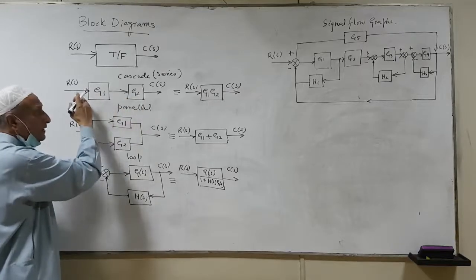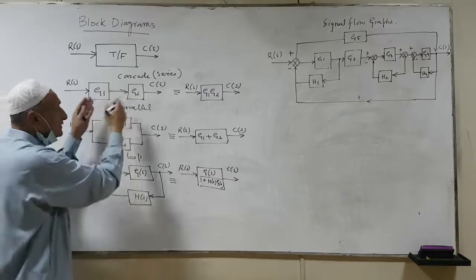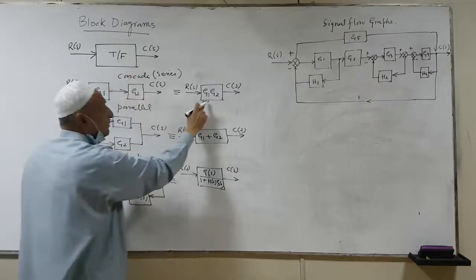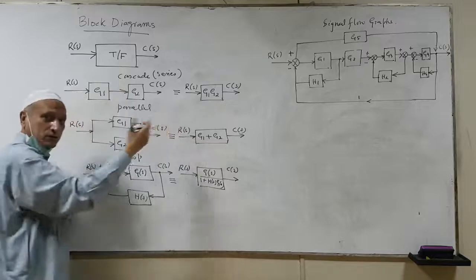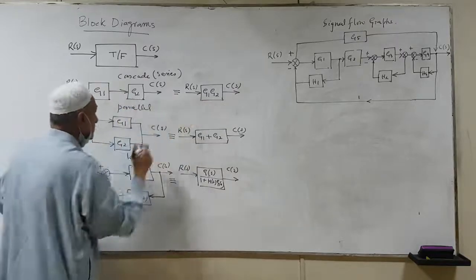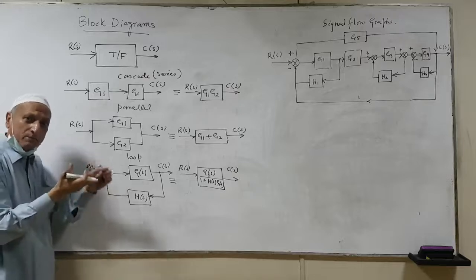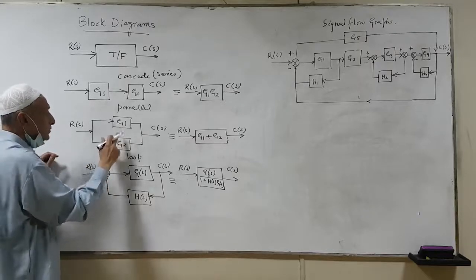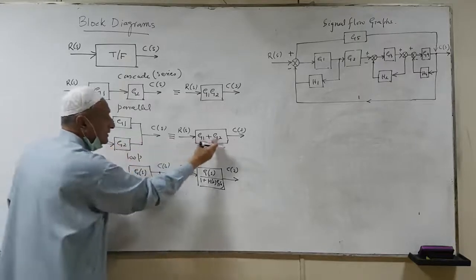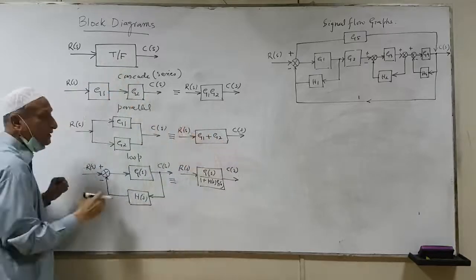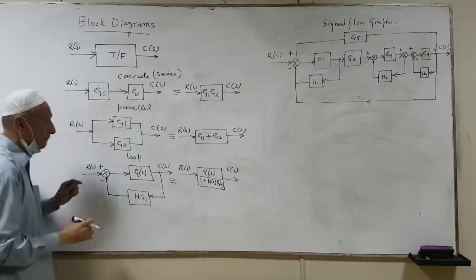Whenever you have this situation, you can combine them into a single block by multiplying the two transfer functions together. So this is equivalent to this one. Similarly, if we have two different subsystems in parallel, the two transfer functions are added together like this. So we have a single block again with a transfer function inside the block.